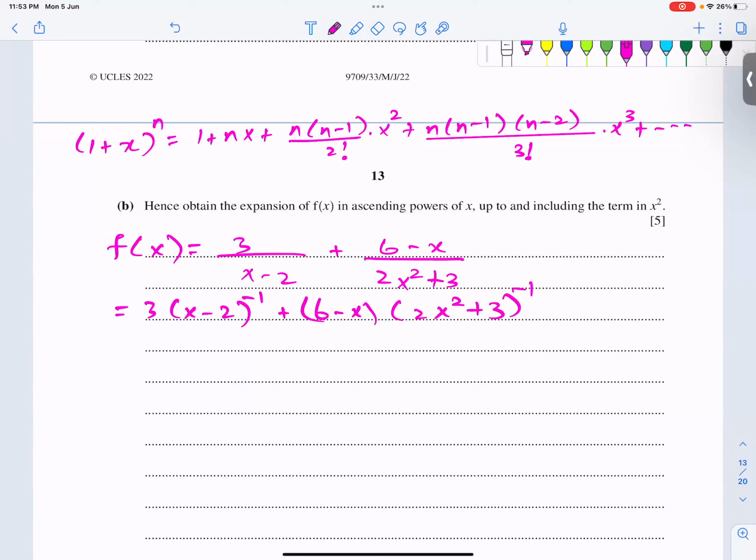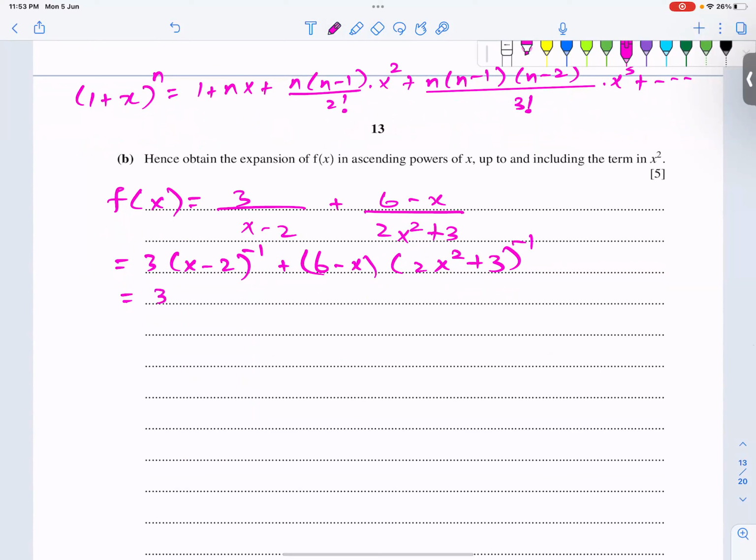Now take minus 2 common from inside from the first bracket. So this will be written as minus 2 with power minus 1 into 2 into 1 minus x over 2. Okay. This will become 1 minus x over 2 with power minus 1 plus 6 minus x.